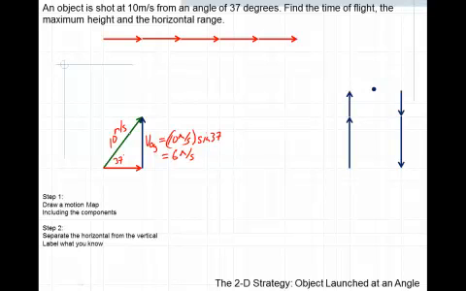Now, this picture is not to scale. I'm sorry, that should be the horizontal initial velocity. That would be 10 meters per second times the cosine of 37 degrees, and that would be 8 meters per second. So the initial horizontal is 8 meters per second and the initial vertical is 6 meters per second.